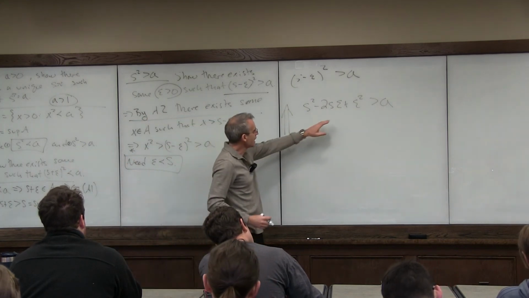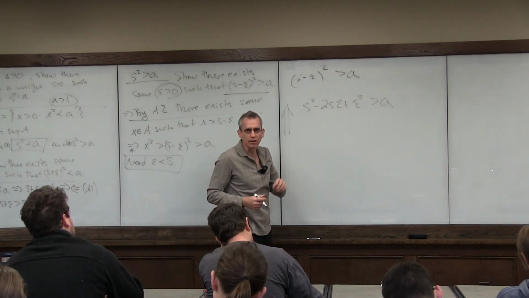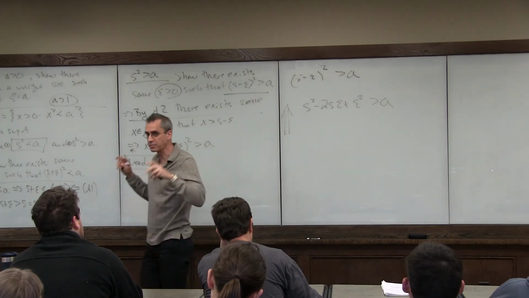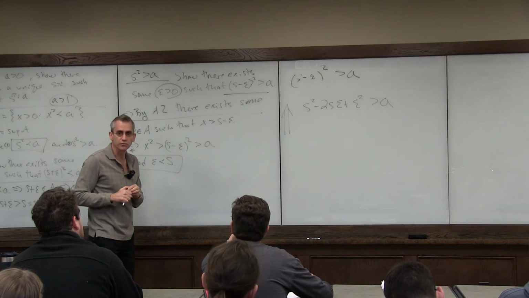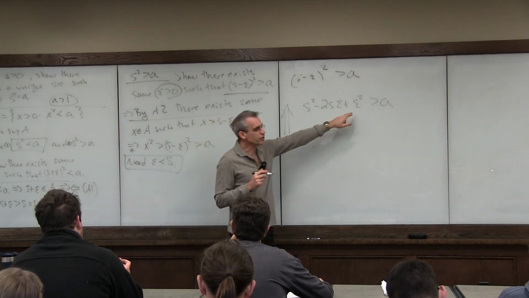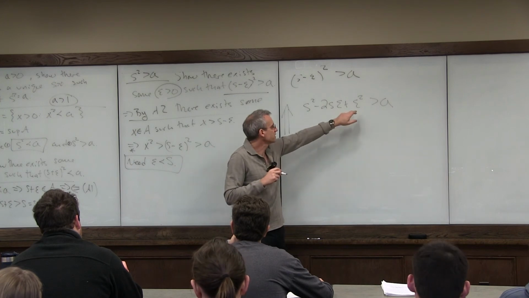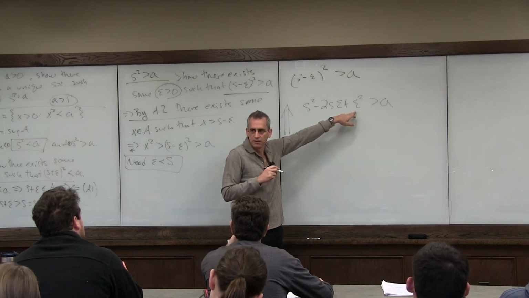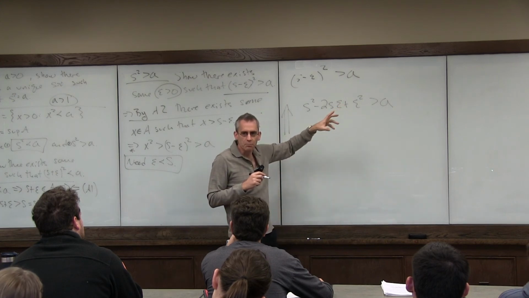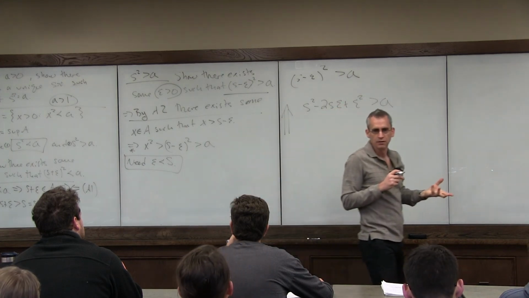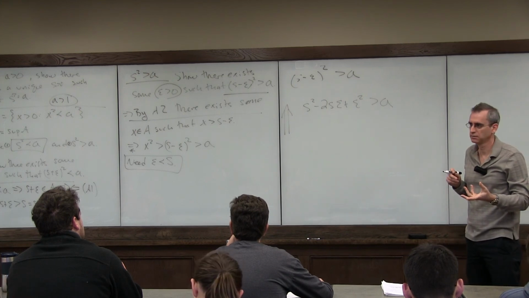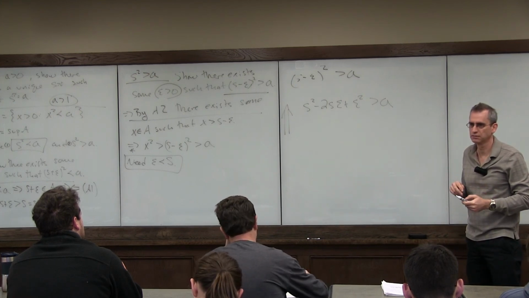Now, just like last time, I have a quadratic in epsilon. So I'm not going to be able to solve for epsilon, because if I solve for epsilon, I need to know about square roots of things, and that's exactly what I'm trying to prove. So once again, the irritant, if you want to call it, is this guy right here. Now last time, we replaced epsilon squared by epsilon. What did that require about epsilon?